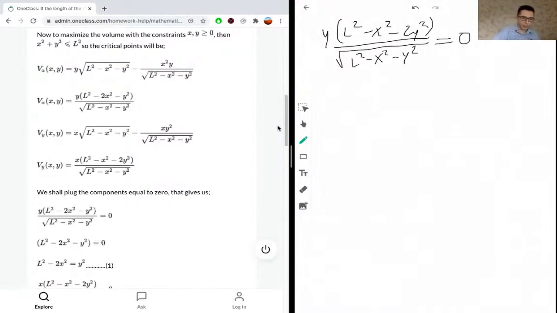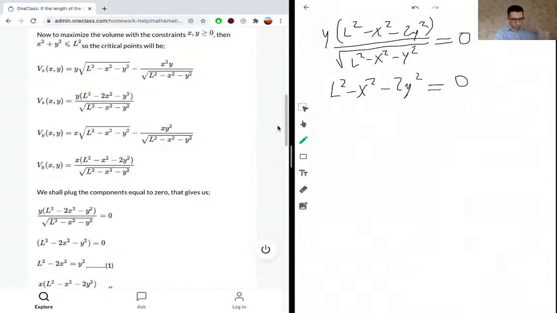And then we know that we can just multiply out the bottom, and we see that at y equals 0, we can't have that as a solution. So if we had y equals 0, then the volume would just be 0. So we have L squared minus x squared minus 2y squared is equal to 0. So we multiplied both sides by the denominator, and we've got rid of the y because at y equals 0, the volume would just be 0.